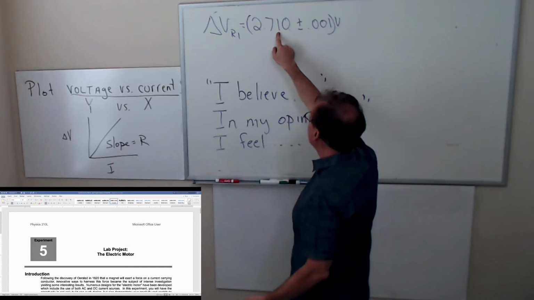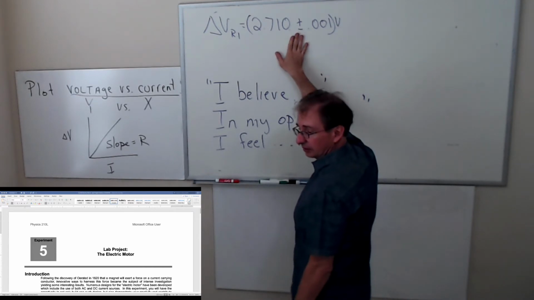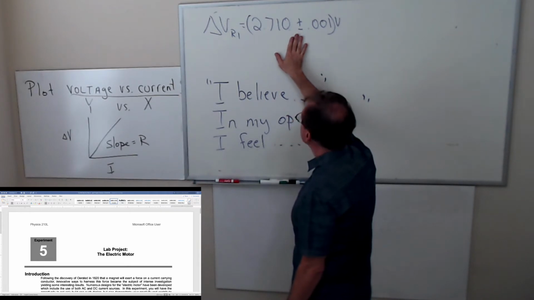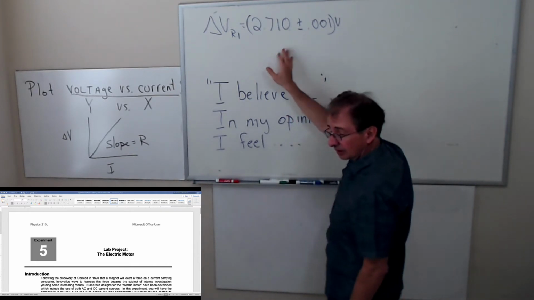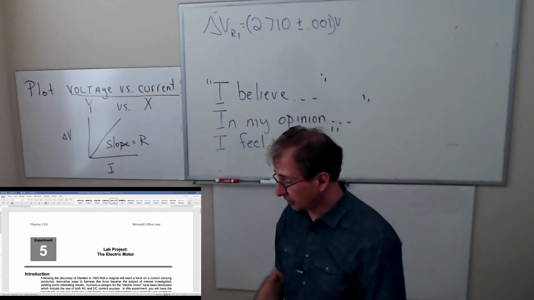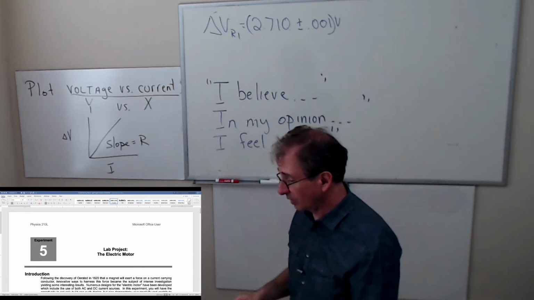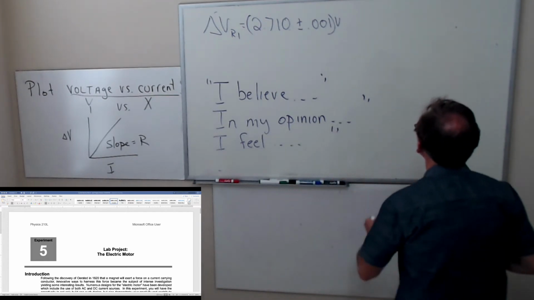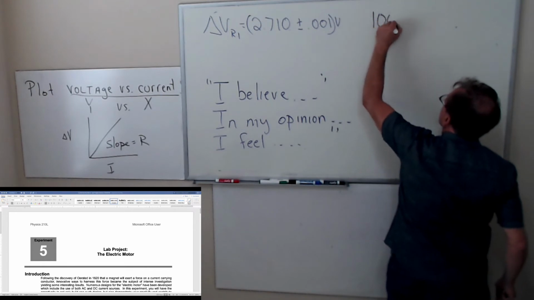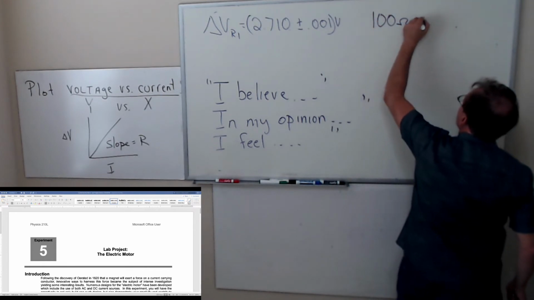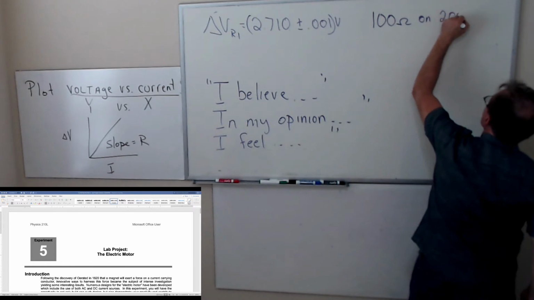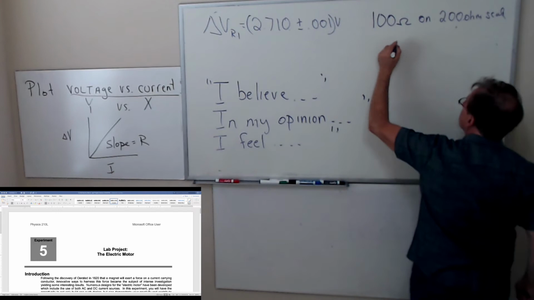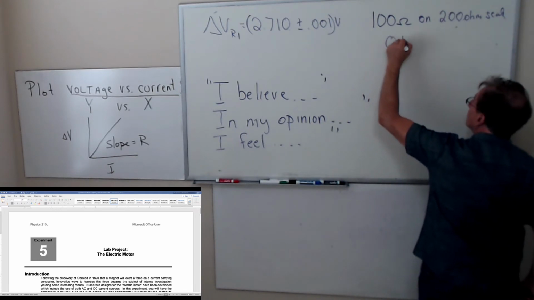Okay. Now for this lab, we're just going to go with what we did. Okay. But I think in the last two labs we write up, the uncertainty that we quote for our measurements should really be based on what the manual says. So for example, if you measure resistance of 100 ohms on the 200 ohm scale, I think the manual says that the accuracy is this.